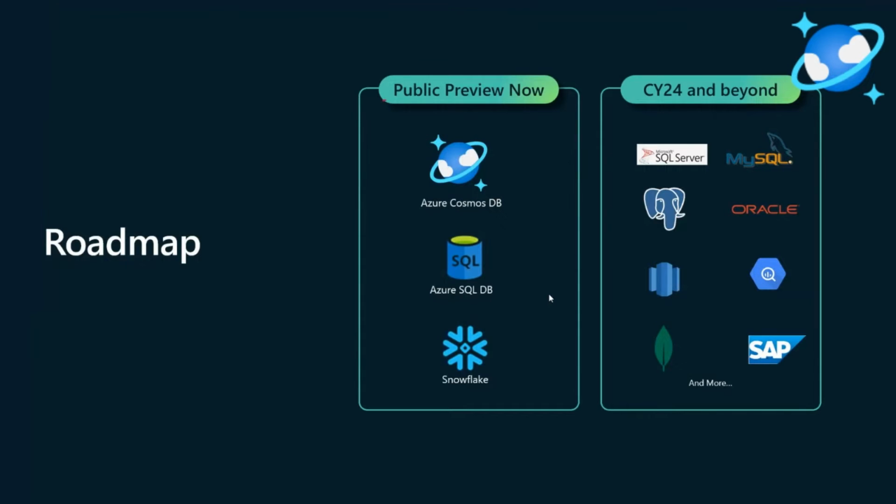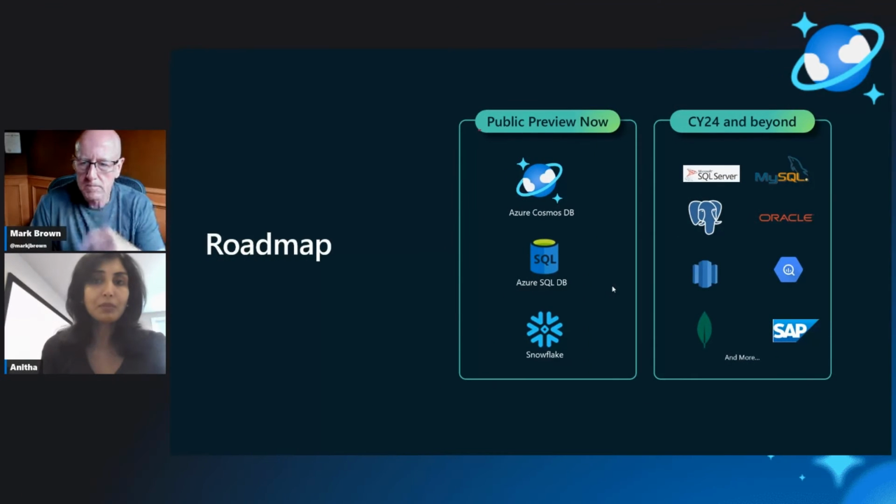Now, this technology is available for Azure Cosmos DB, Azure SQL DB, and Snowflake in public preview. We are working on taking it forward to other databases here at Microsoft and across the industry. It works the same way across all of these sources, giving you a uniform experience of accessing the data.